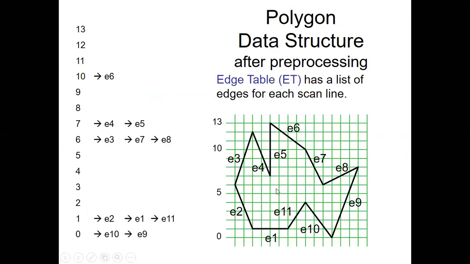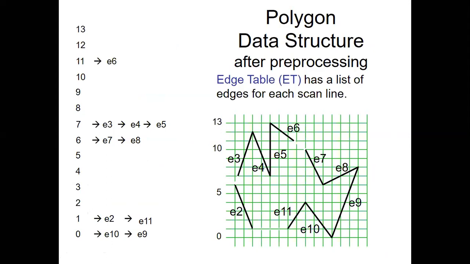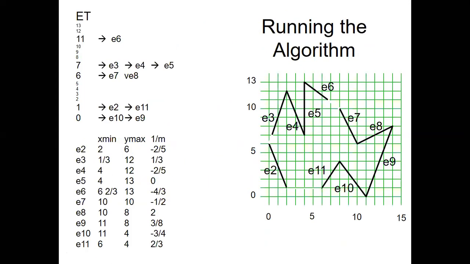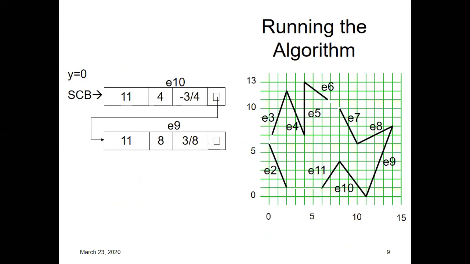So you take the polygon, you have the initial stuff, and apply the prerequisites first. So this is how my prerequisites are done. And once the prerequisites are done, now start applying the algorithm. Take the initial stuff and go from y equal to 0 till you reach 13.